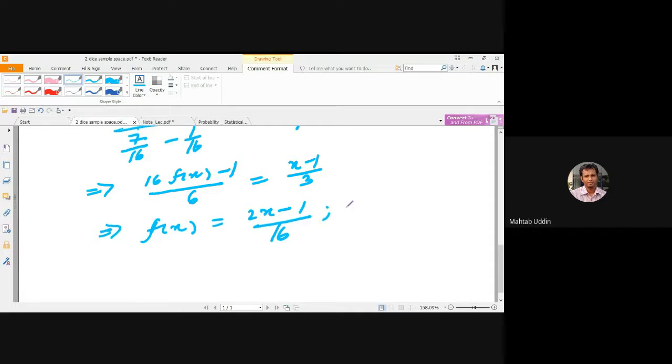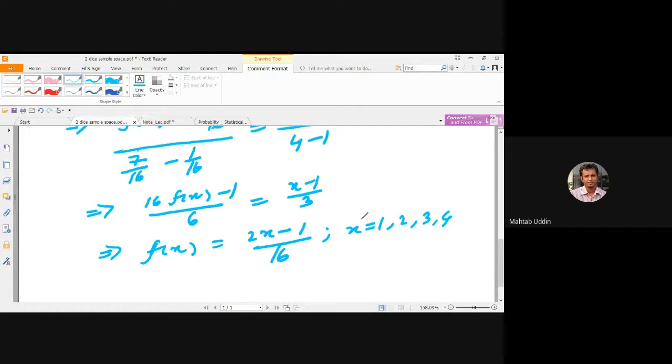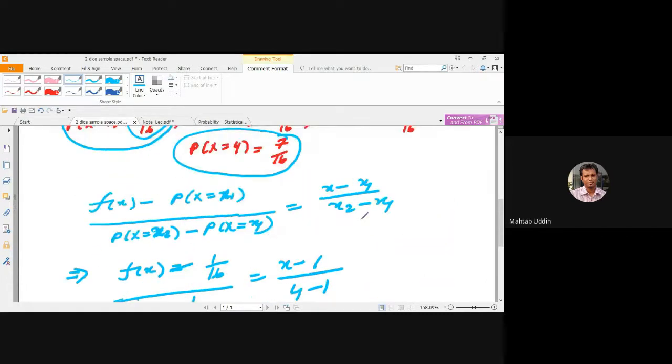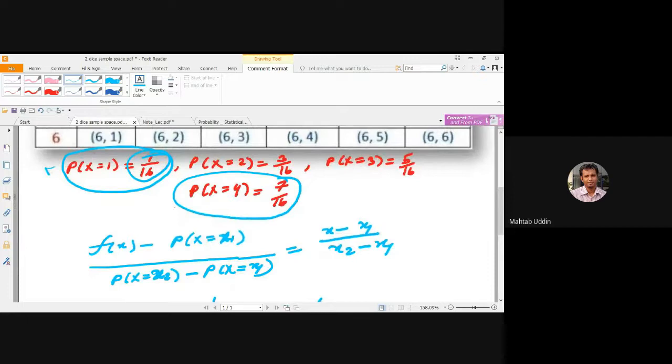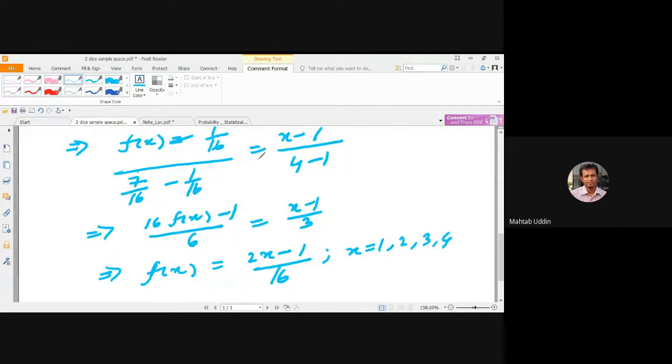But you have to write what the values of x are. What are the values of x for us? Yes, sir. Now, once you get it, you should verify. We have used this and this, so we will verify for any of the others. Let us put x equal to 2. Please put x equal to 2.